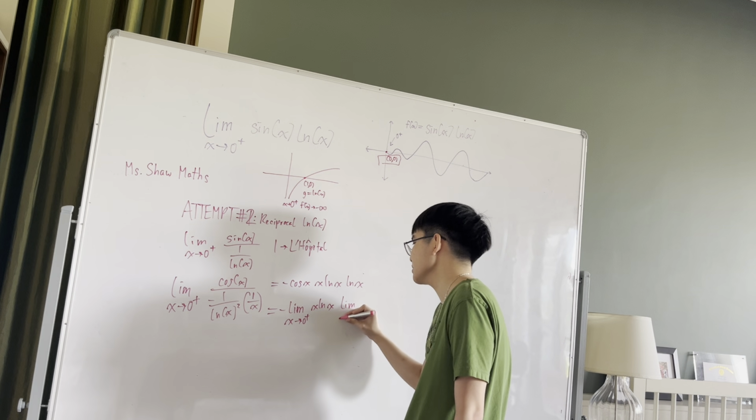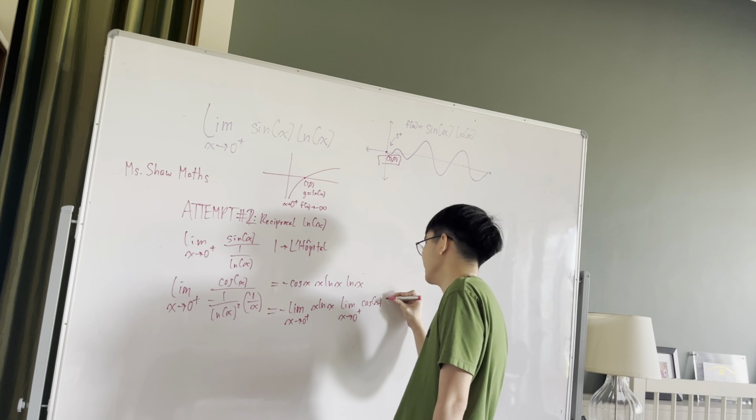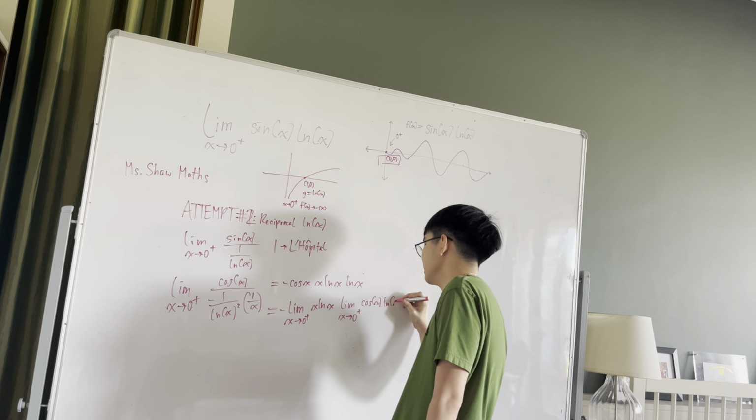But then you're also left with, here I'm just applying that the limit of a product is a product of the limits, the limit as x approaches 0 from the right-hand side of cosine of x ln of x, which is basically a function that is almost similar to this.